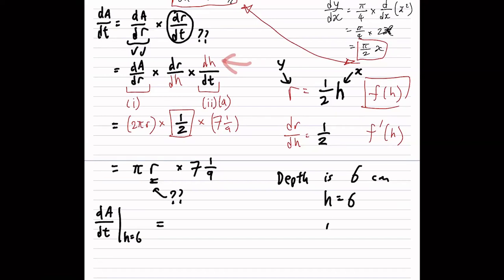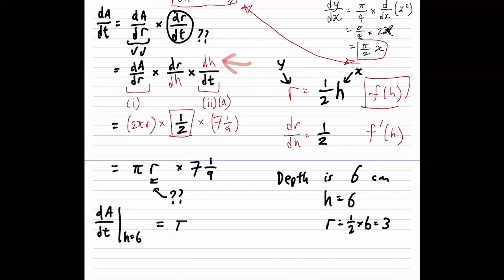How do we find r? If only there was a magical formula that converts from h to r. There is. This guy, right? So you just sub in now. So what's r? Half times h. Half times 6, which is 3.